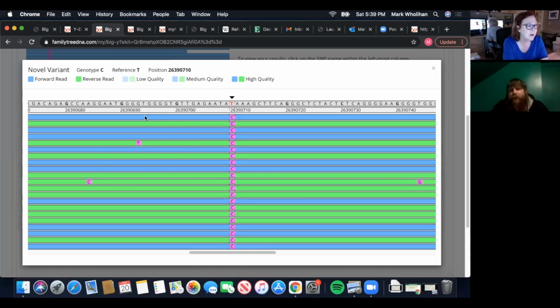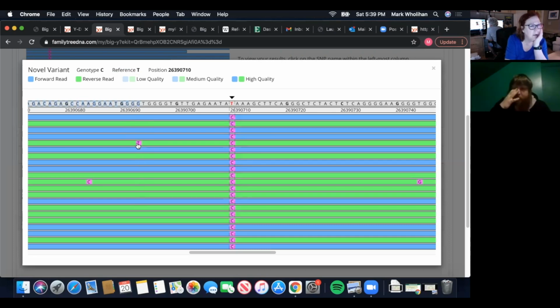They did 20 passes here on this G, and one time out of 20, a T popped up. It might have just been this T next to this G, so it might have been an error when the camera was scanning it.